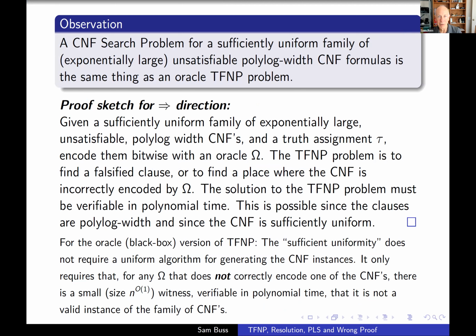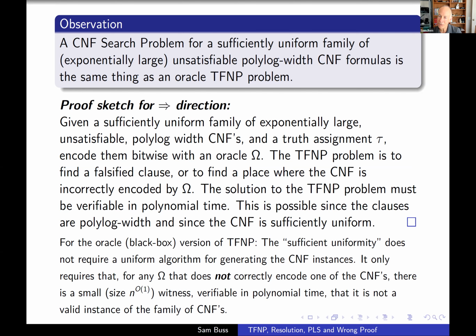A CNF search problem, okay, here's the statement again at the top. So to convert a CNF search problem to a TFNP problem, we assume we're given a sufficiently uniform family of exponentially large, unsatisfiable polylog-width CNFs and a truth assignment. They're all encoded into an oracle omega, and the TFNP problem is to find a falsified clause, or possibly to find a place where the CNF is incorrectly encoded by omega.